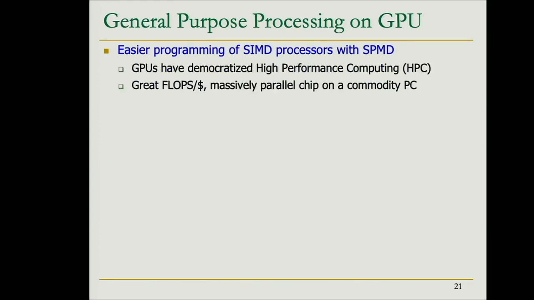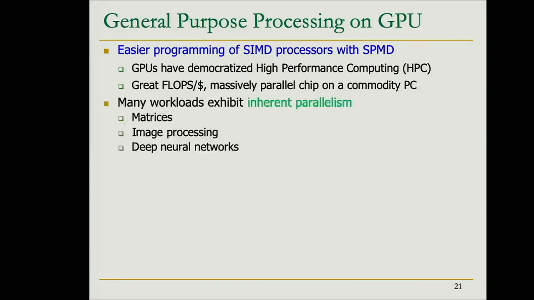Many people say that GPUs have democratized high-performance computing, because achieving the throughput that you can today achieve very easily, even in your laptop, with one of these GPUs, was very prohibitive about 15 years ago. It was something we probably could only achieve in big clusters and supercomputers, but these days everyone can do it, even in commodity PCs.